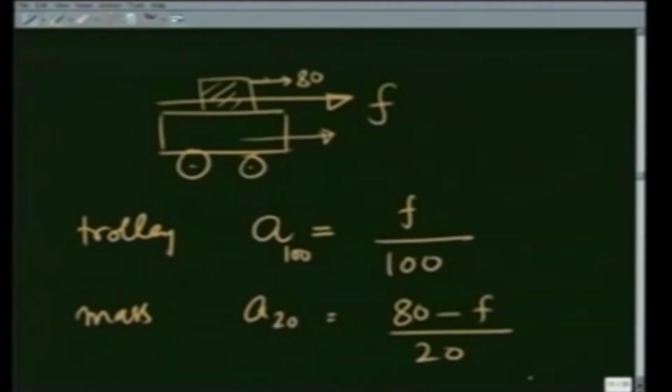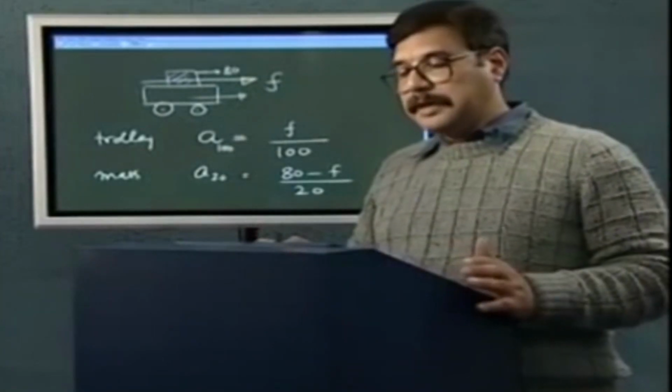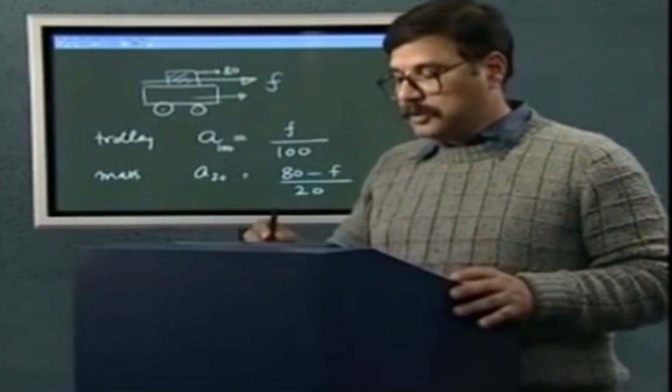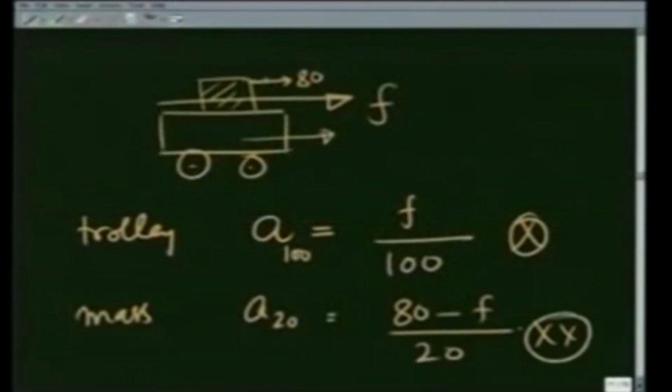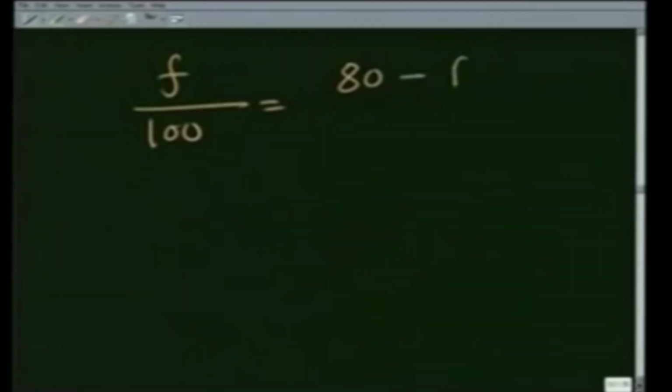And since there is no slipping, because 80 newtons happens to be less than the maximum frictional force, these two accelerations must be equal, and therefore I should have F over 100 equals 80 minus F over 20.